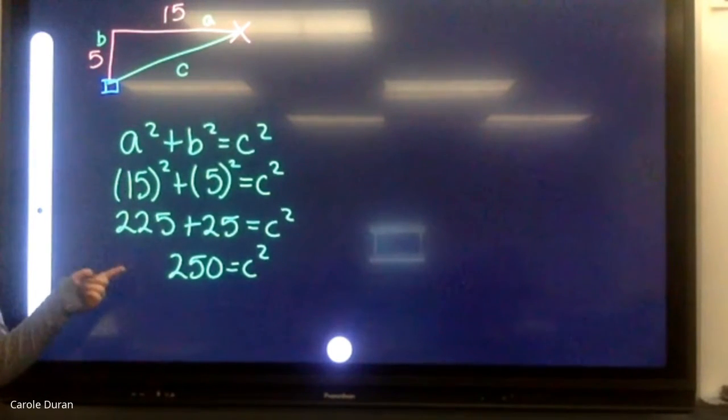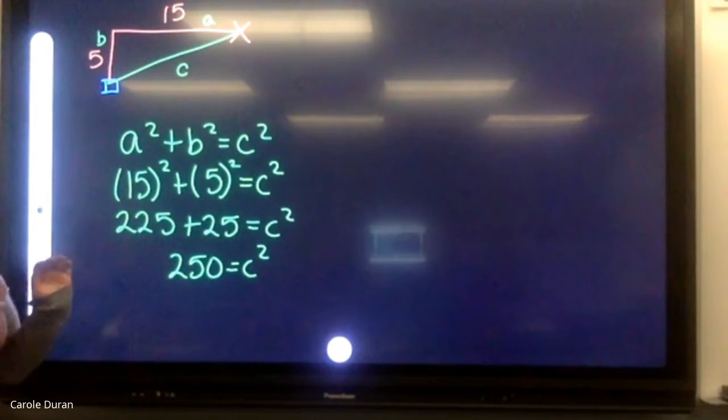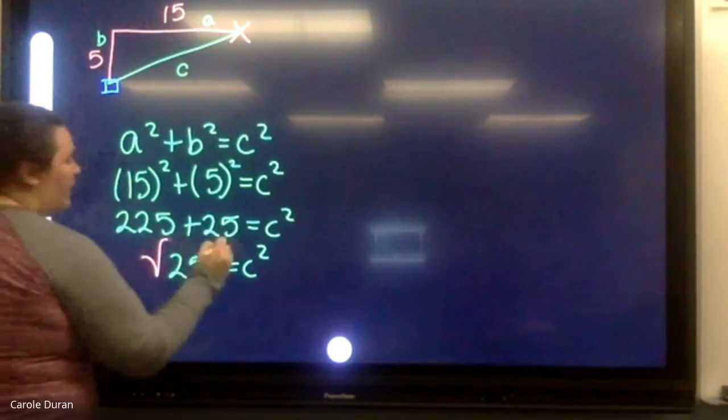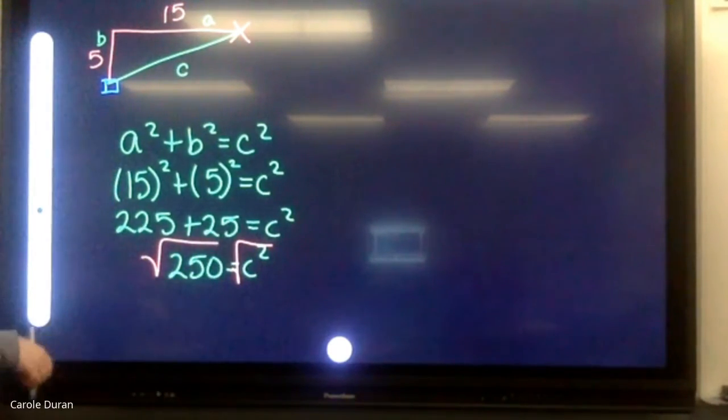Am I going to be using a negative here? No. Because you can't have a negative distance. So just because we can get 2 answers doesn't mean that 2 answers work for our problem. That's always something you need to check. So to get c by itself, I square root both sides. When I square root, I'm only taking the positive version of that answer. So then what is the square root of 250?